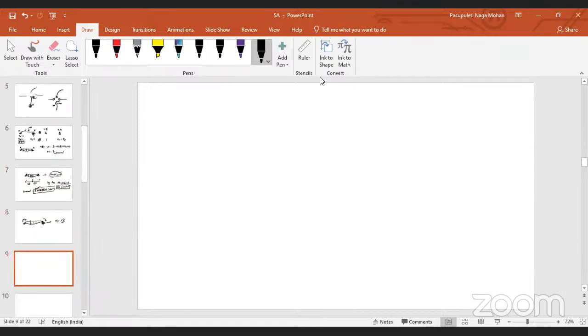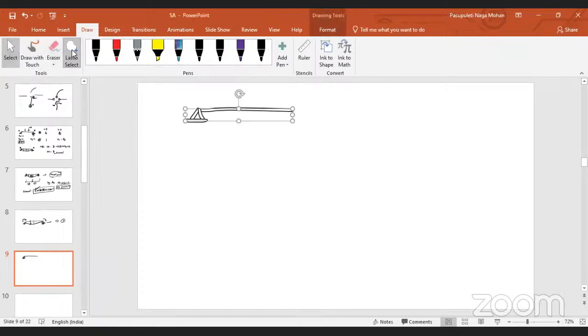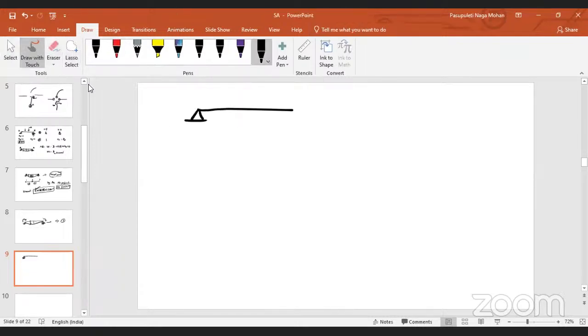So let us start with the examples. Let me tell you one more thing. Imagine if I apply a horizontal force P. Can you guys tell me what is the kinematic indeterminacy here?